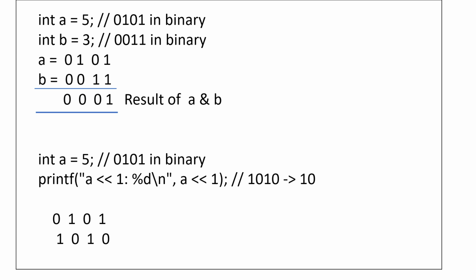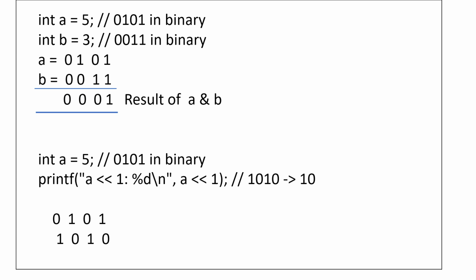If both are 1, then the result is 1. Here A is 0, B is 1, so the result is 0. Here A is 1, B is 0, so the result is 0. Here the two values are 0, the result is 0.